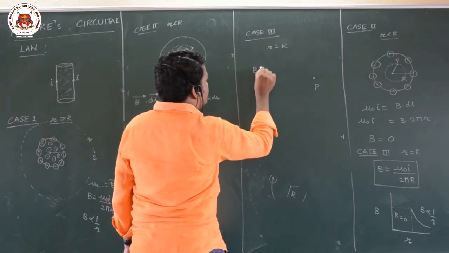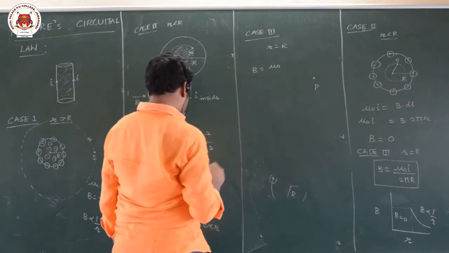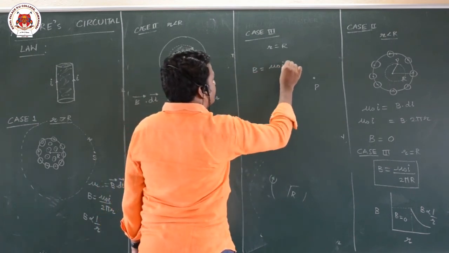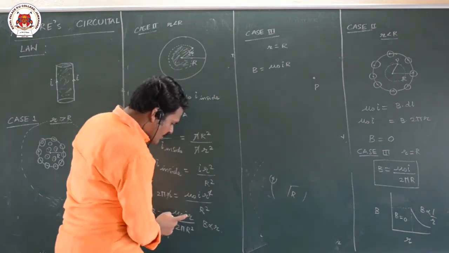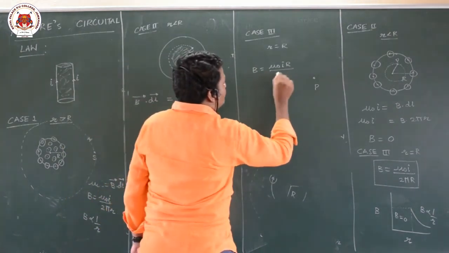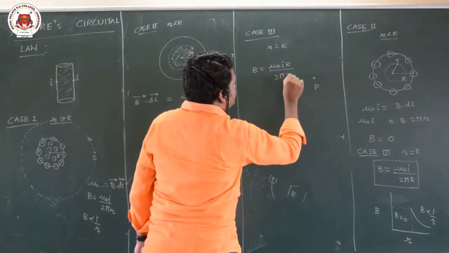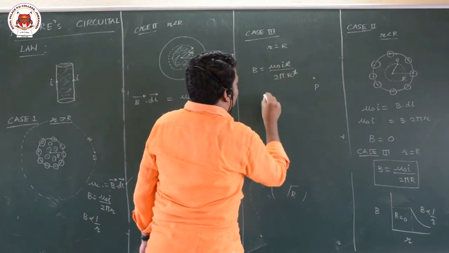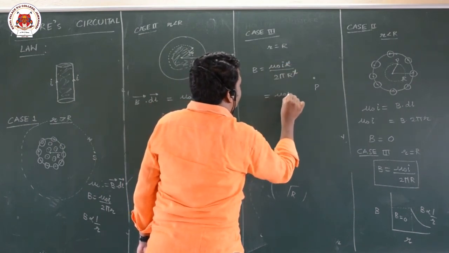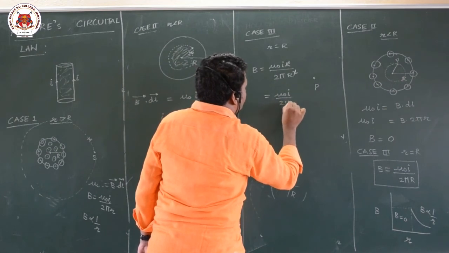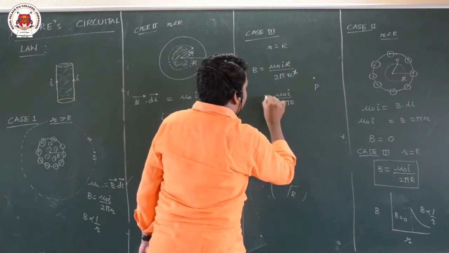B is equal to mu naught I into capital R, because in place of small r I am writing capital R, by 2 pi capital R square, and R will get cancelled. So mu naught I by 2 pi R when you are on the surface.